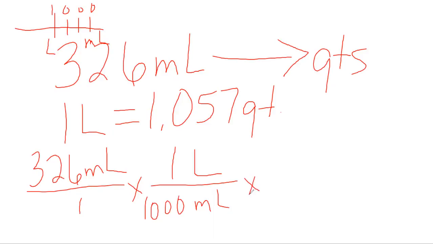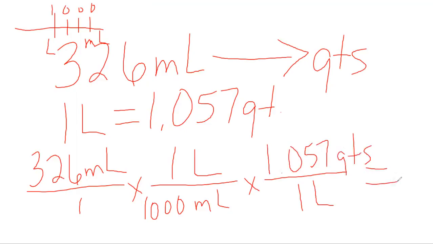Now I need to find out how many quarts are in a liter, and we already found that information. So our liter goes on the bottom, and on the top we have 1.057 quarts. Now we'll start canceling. Milliliters cancel, liters cancel. We end up with 326 times 1 times 1.057 over 1,000.